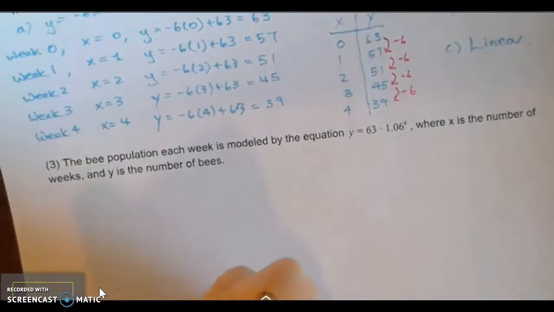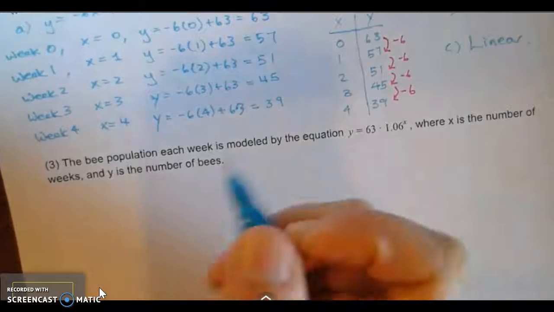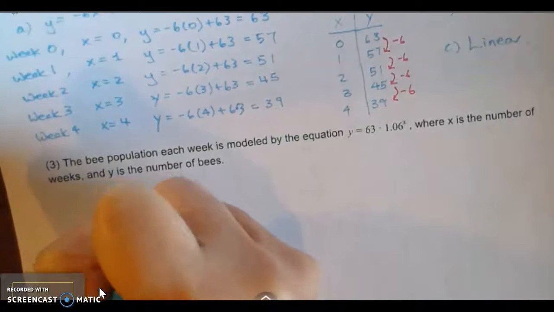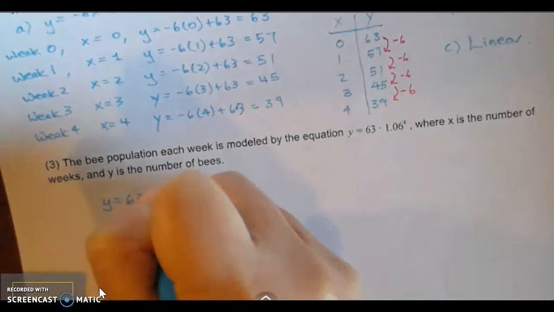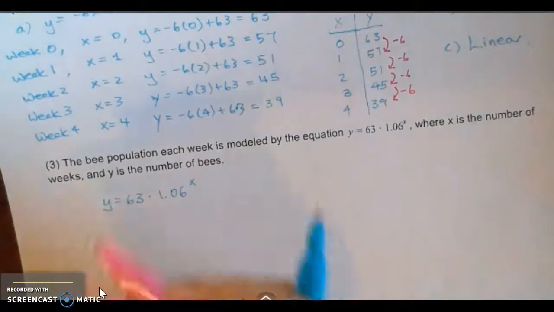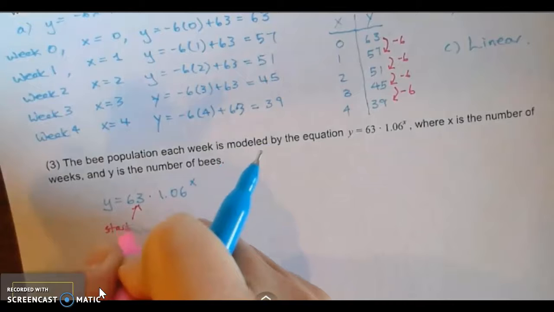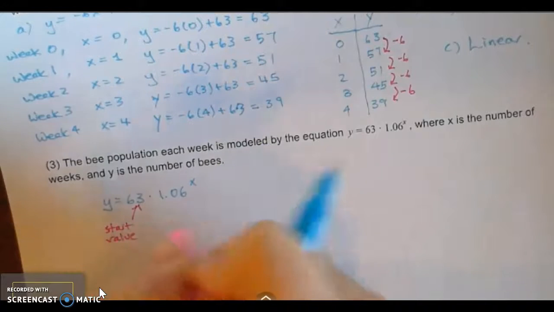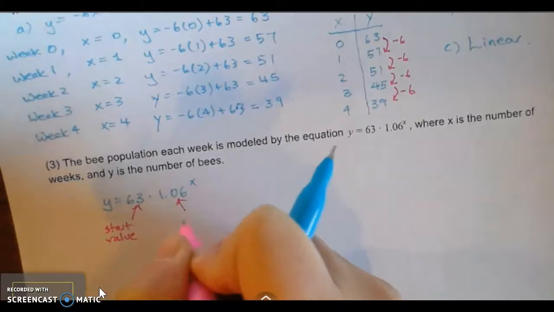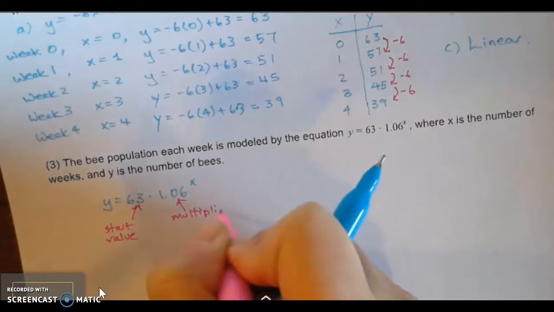Okay, for this one, let's just do algebraic. Now we have y is equal to 63 times 1.06 to the power of x. What does that mean? Again, we are starting with 63. But the multiplier in this case is 1.06.